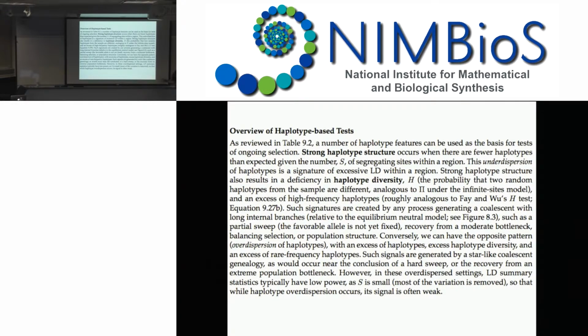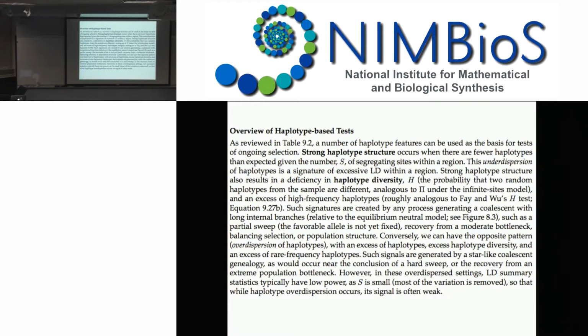So those are both examples of extreme structure. Strong haplotype structure occurs when there are fewer haplotypes expected given the number of segregating sites. So under dispersion of haplotypes, that's a signal of excess LD. It results in a deficiency of haplotype diversity, which is kind of the equivalent of pi, infinite sites model.